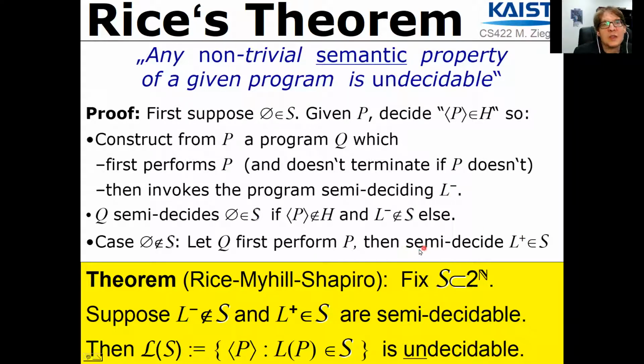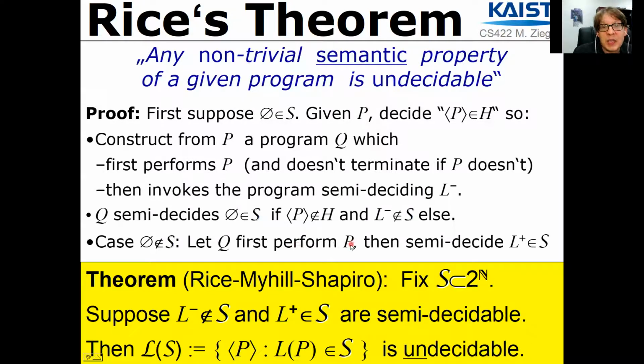Now again, using the hypothesis that L plus is semi-decidable and that L plus belongs to S, whereas in the case we're currently considering, we suppose that the empty set does not belong to S. So that again, we see that if P terminates, then the new program Q semi-decides L plus, which does belong to S, and thus requires a positive answer here.